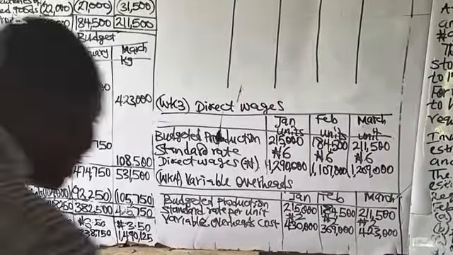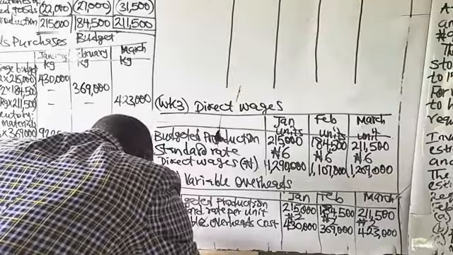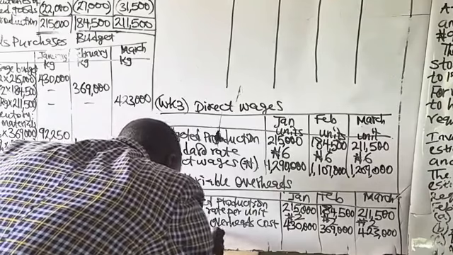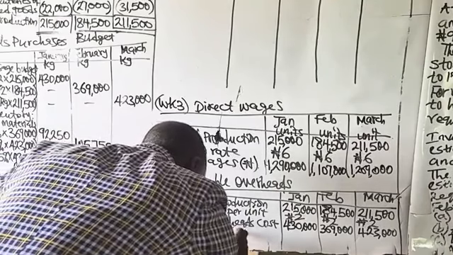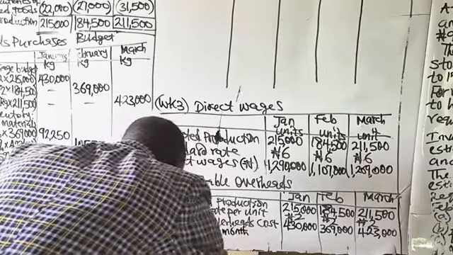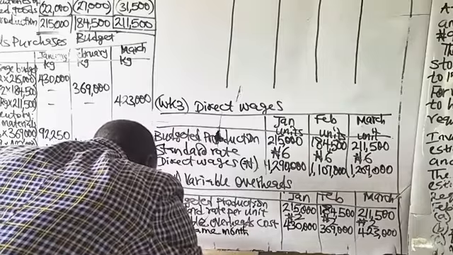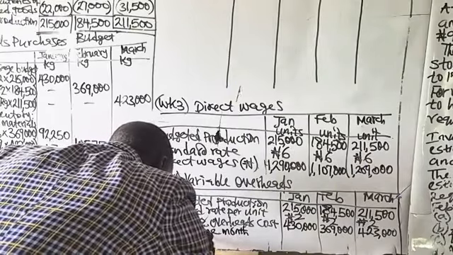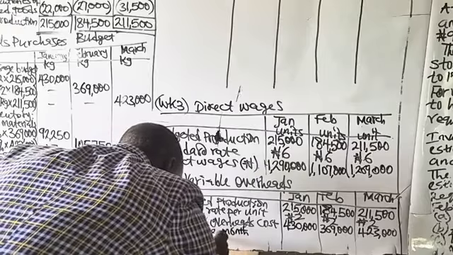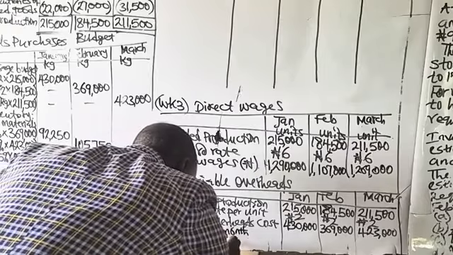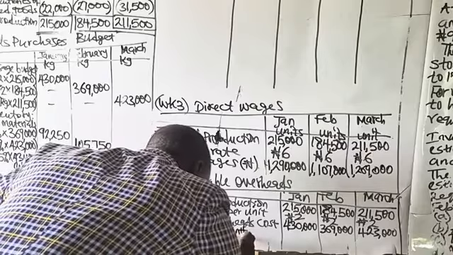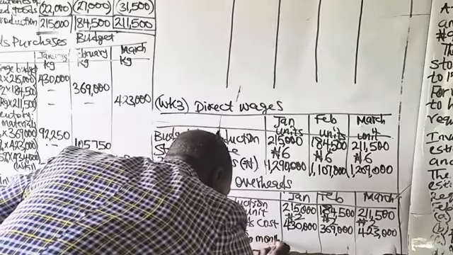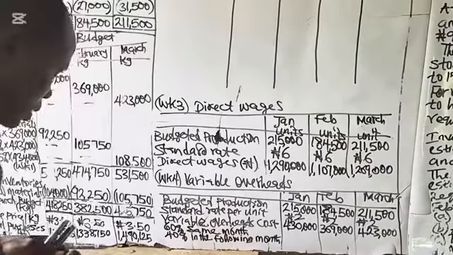So we have 60% same month, 40% in the following month.